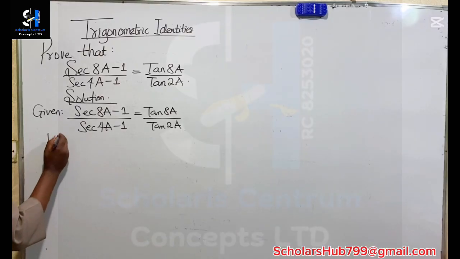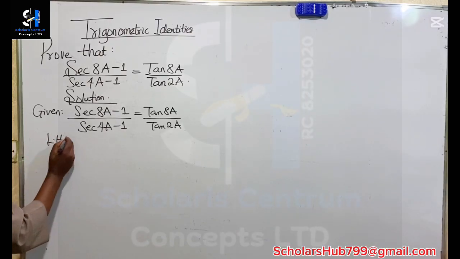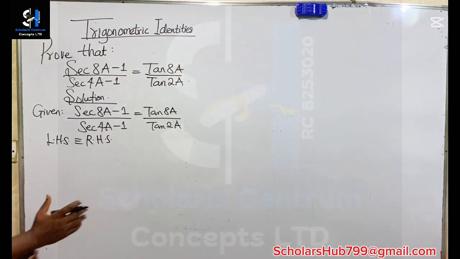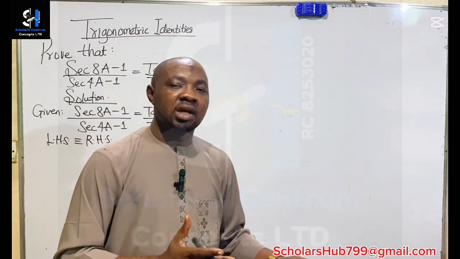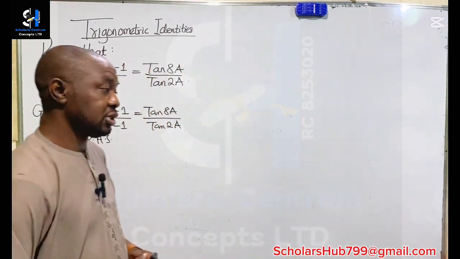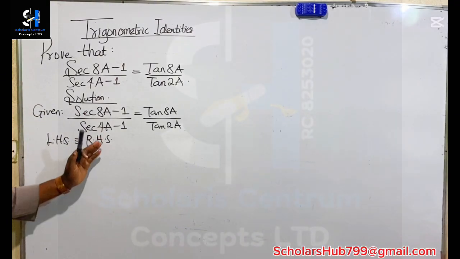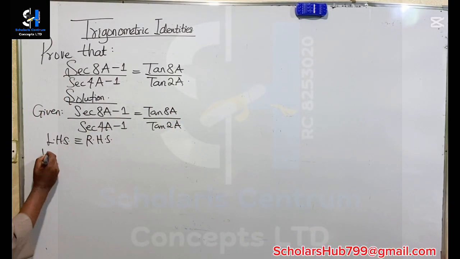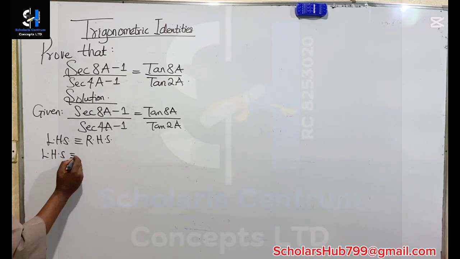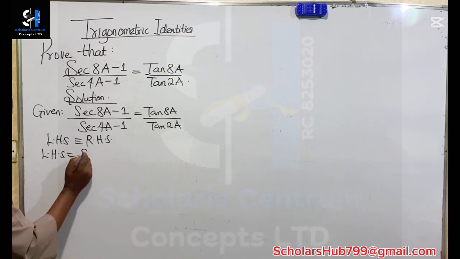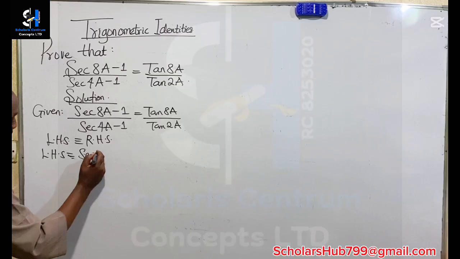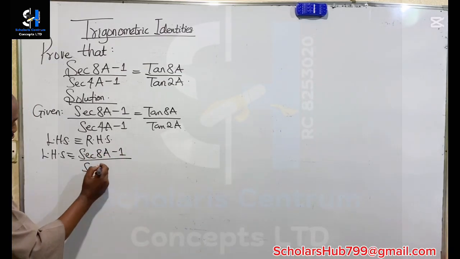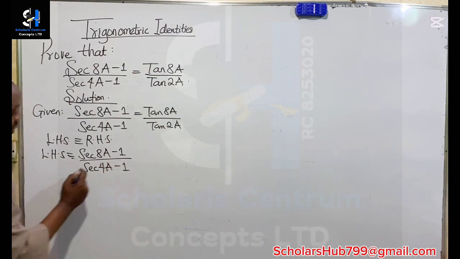So let's write LHS equals RHS to establish that the left hand side is equal to the right hand side. But we are using the left hand side to prove the right hand side. So I'll write the left hand side is equal to (sec 8a minus 1) over (sec 4a minus 1).